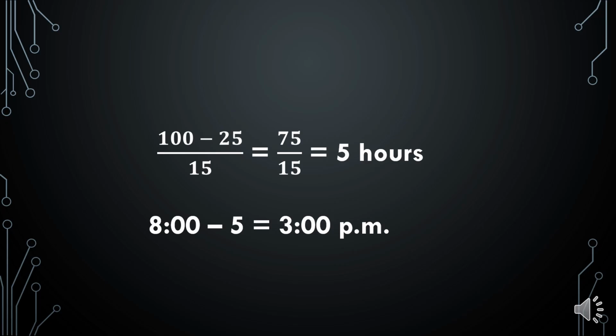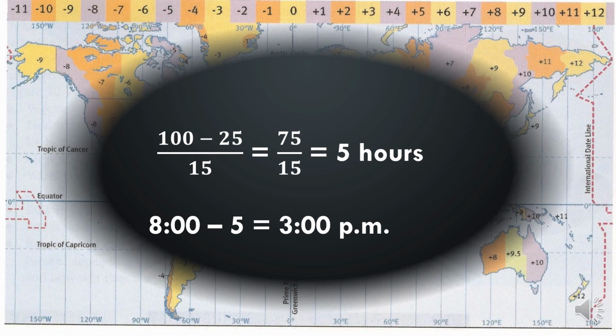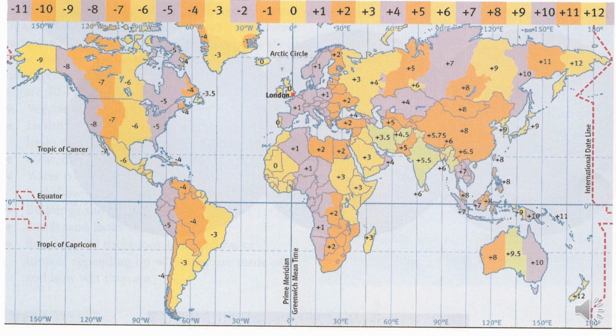Now, because we're going towards 25 degrees east, which is west of 100 degrees east, we need to subtract our 5 hours from the time 8 o'clock. 5 hours prior to 8 o'clock would have been 3 p.m. Therefore, the time at 25 degrees east is approximately 3 p.m.